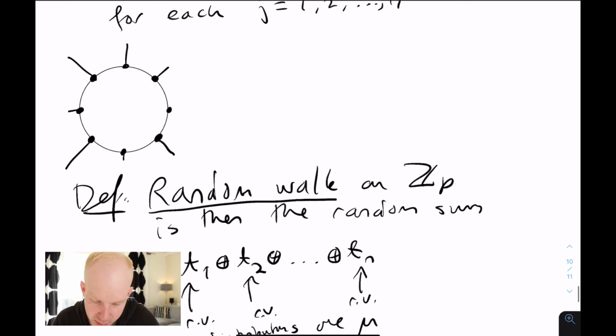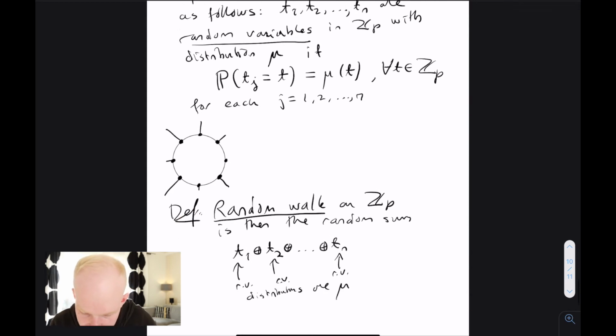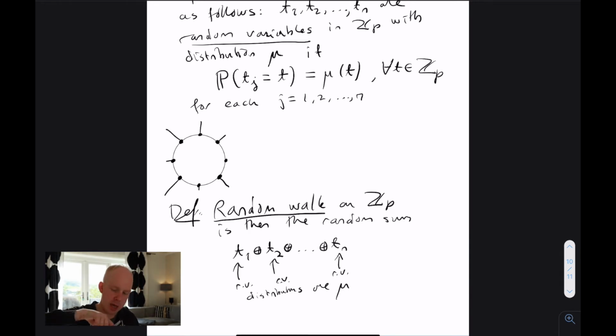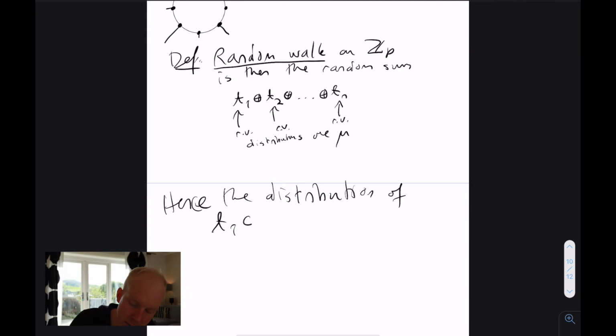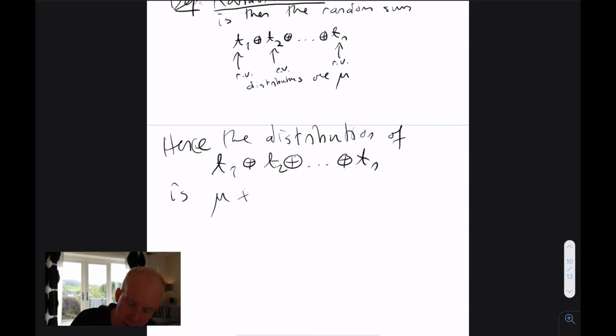Well, if the Tj's have distribution mu, so the probability of hitting one of the points t is mu, then if you take a sum of these, that means you're basically taking n times the possible random choices of choosing mu. So hence the distribution of this random walk T1 plus T2 plus and so on until Tn is actually mu star n, this iterated convolution n times.